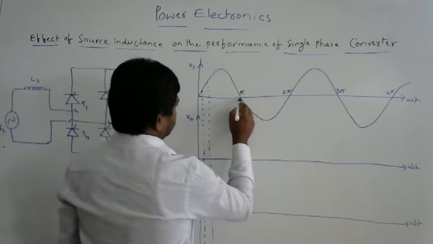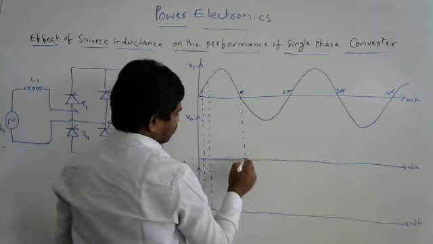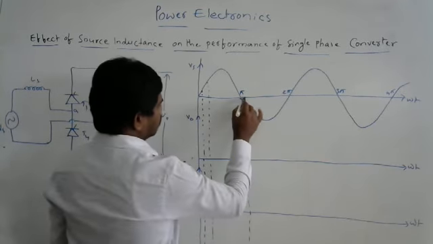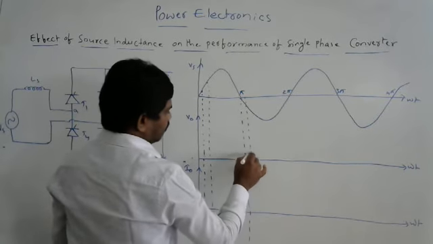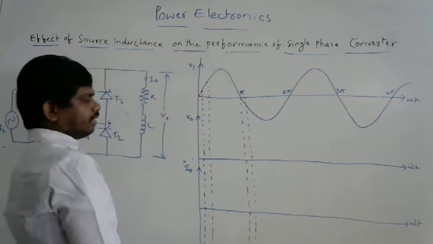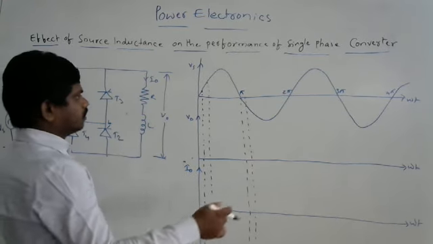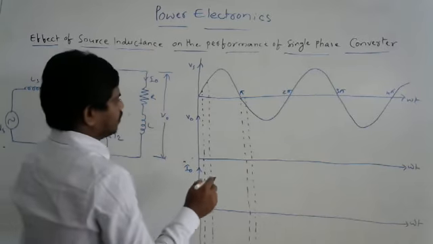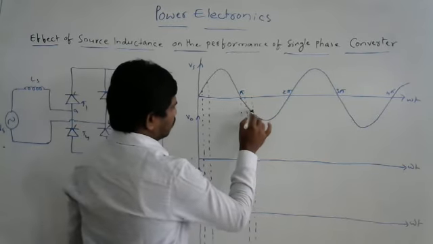Next we will draw the dotted lines like this from pi. It is very important to draw like this. This is again alpha for triggering T3 and T4, the second pair of thyristors in the configuration. Then again the overlap angle here.